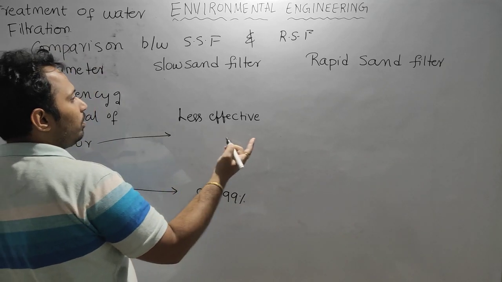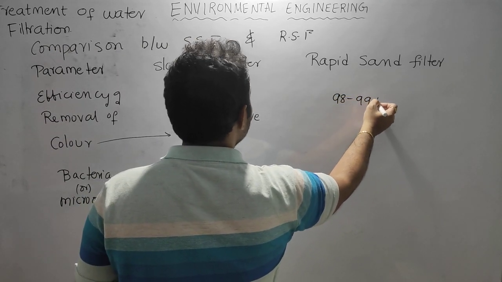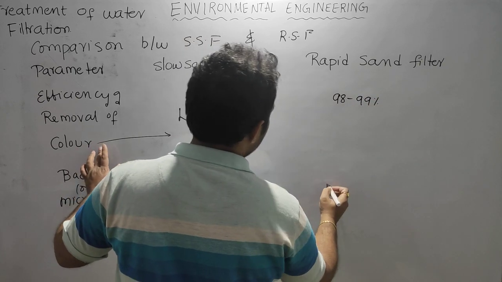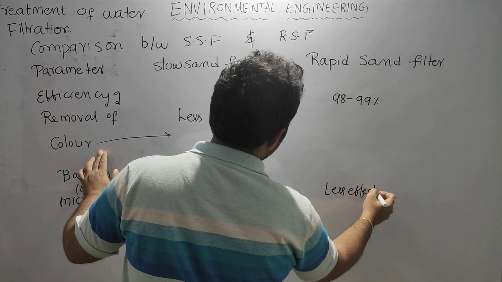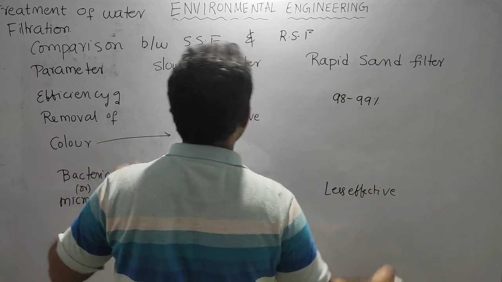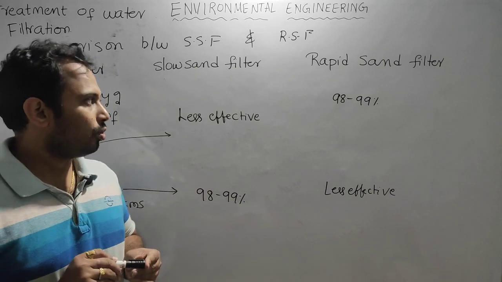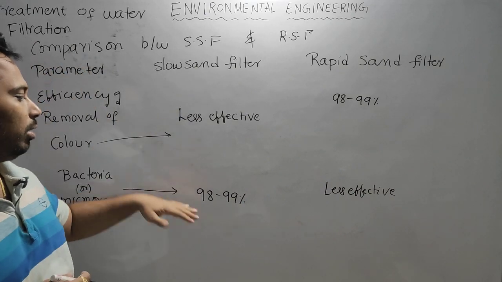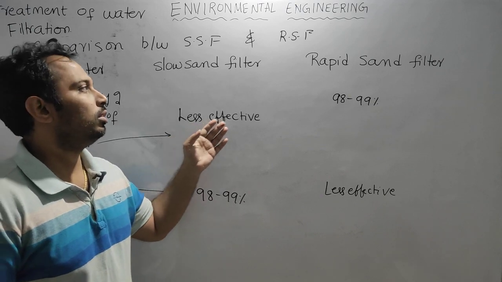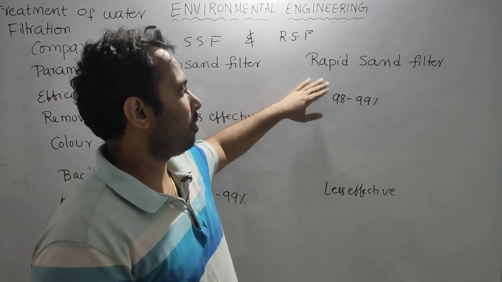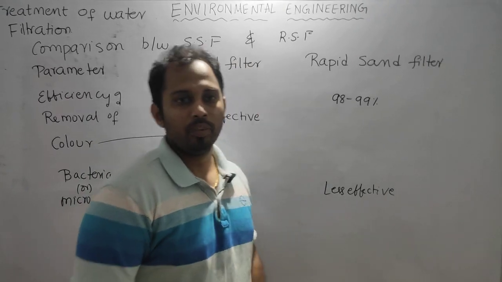The rapid sand filter is 98 to 99% effective in color removal, but less effective in bacteria removal. What is the reason? Why is the slow sand filter efficient in removal of bacteria but less effective in removal of color? Why is the rapid sand filter effective in removal of color but less effective in removal of bacteria?